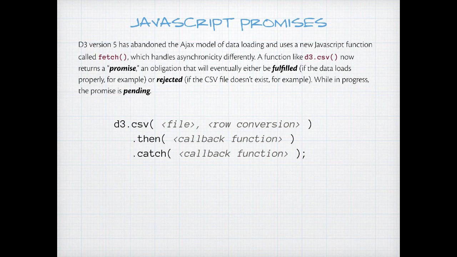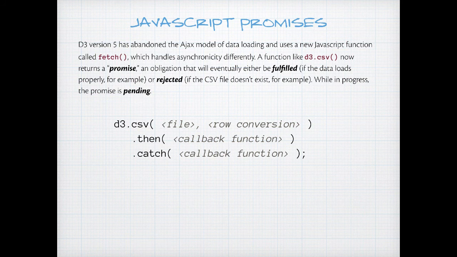Technically speaking now, though, under the hood, it doesn't actually use that XML HTTP request object anymore. It doesn't really use AJAX the way I described in those videos. However, even though it uses a new thing called fetch or fetch API, it's still asynchronous, and we still have to compensate for that. What happens now in the new version is that a function like d3.csv now creates what's called a promise.